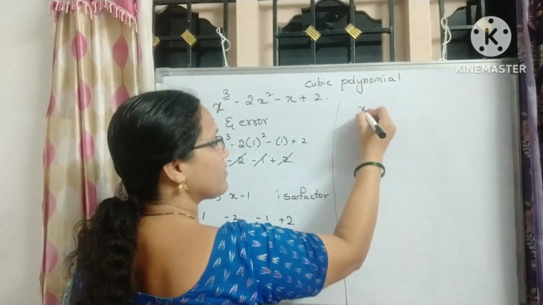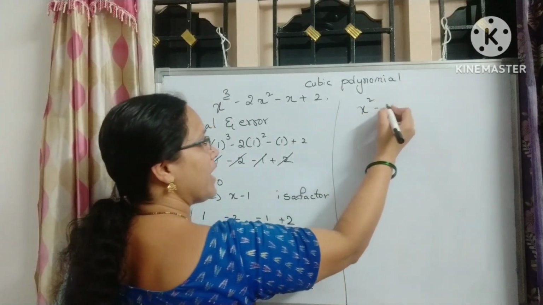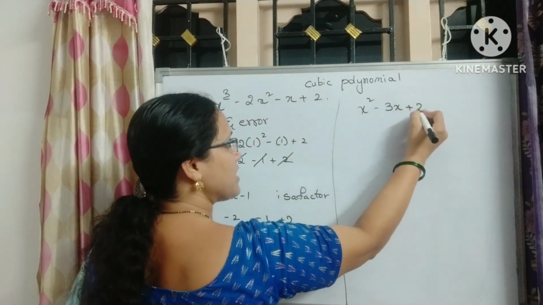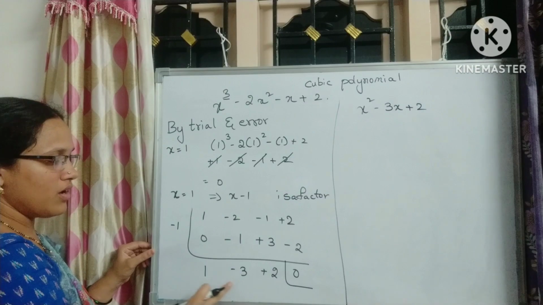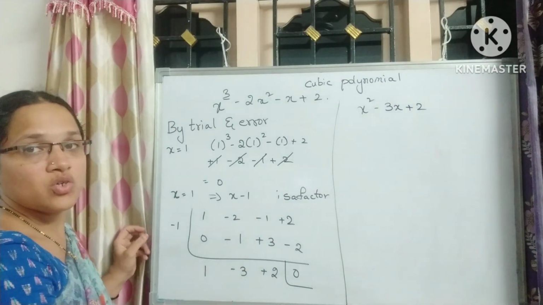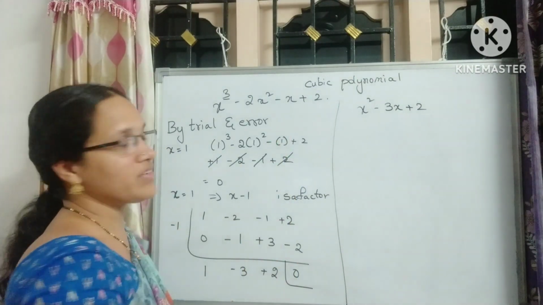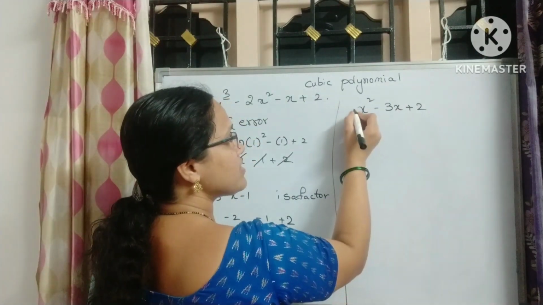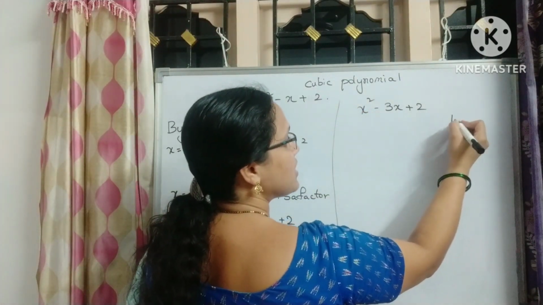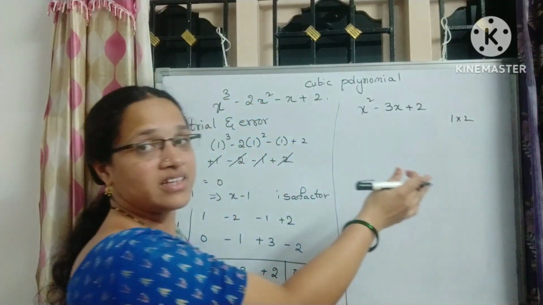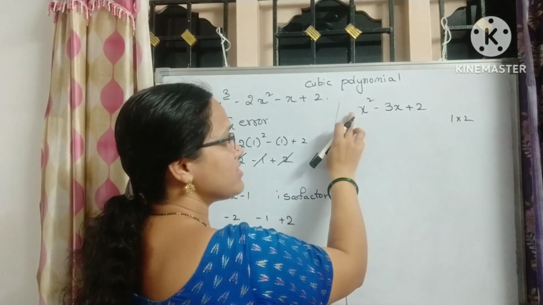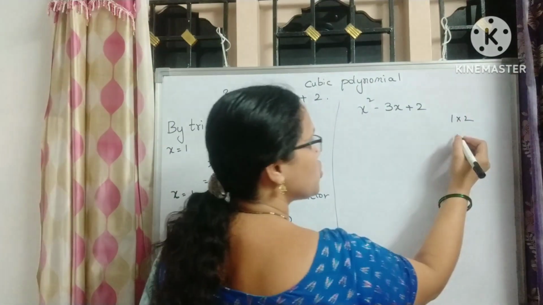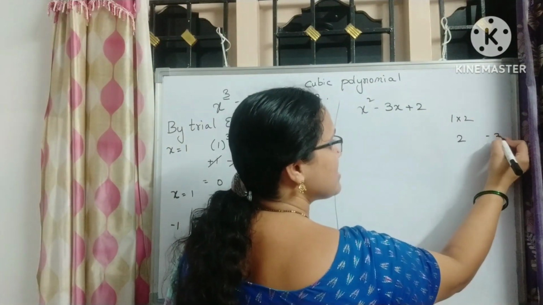Now see, x square minus 3x plus 2. So this becomes the quadratic equation. As I told you previously, a into c, that means 1 into 2. How to do the factorization? 1 into 2 becomes 2, where you have here minus 3.